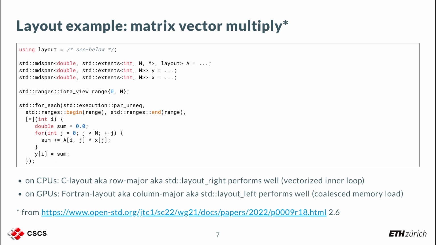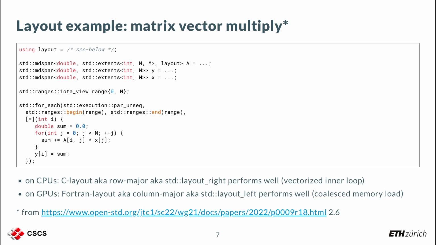Here's another example of why this is actually useful, and this is taken, I think, yes, taken from the paper that proposed mdspan. So you want to do matrix vector multiplication, and depending on which architecture you are on, one layout will be better than the other.